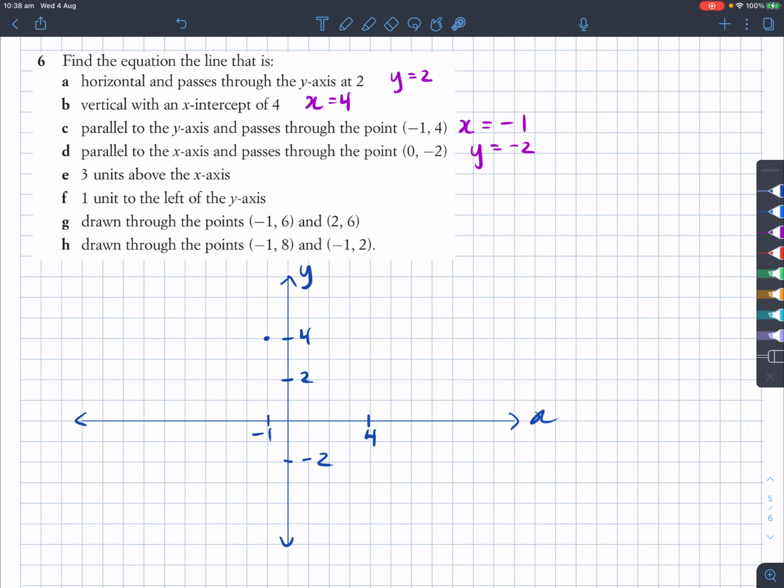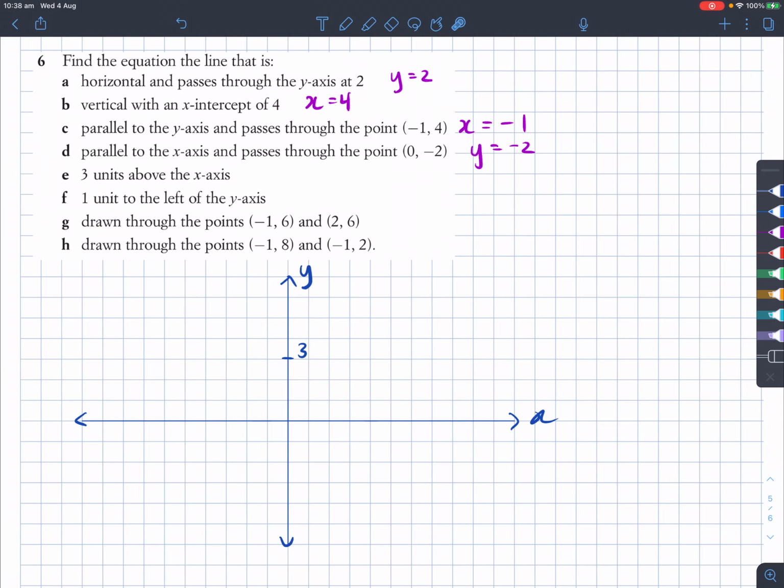All right. E is slightly more challenging. E says 3 units above the x-axis. Okay, so 3 units above the x-axis is right there. If I continue to draw any kind of dots which are 3 units above the x-axis, like that, these are all 3 units, right?